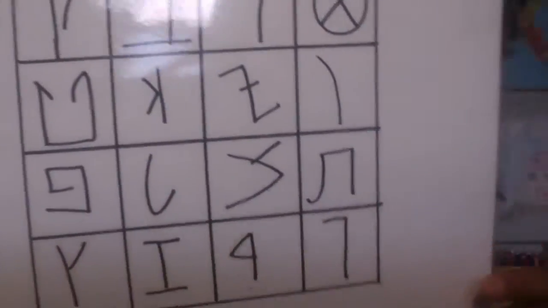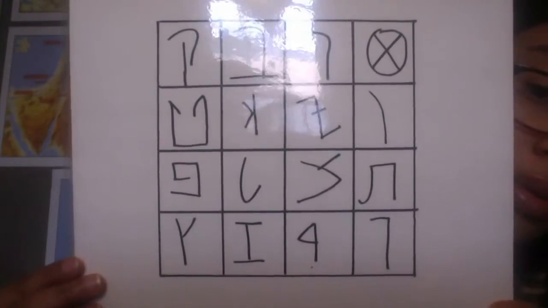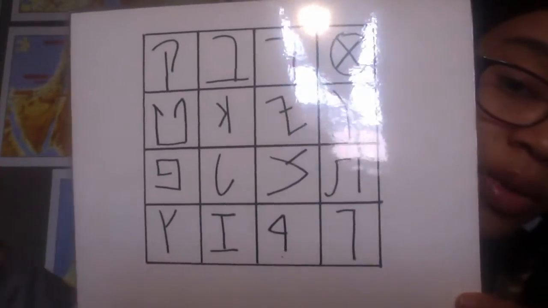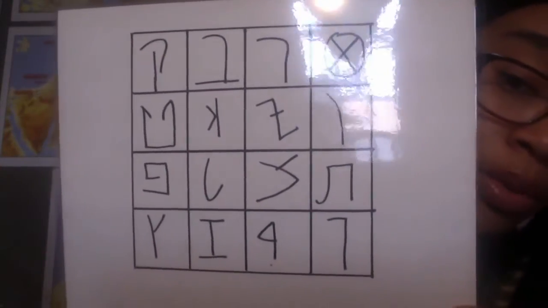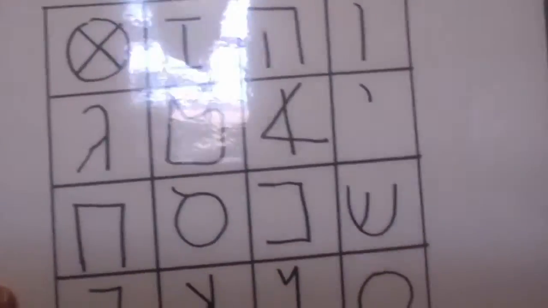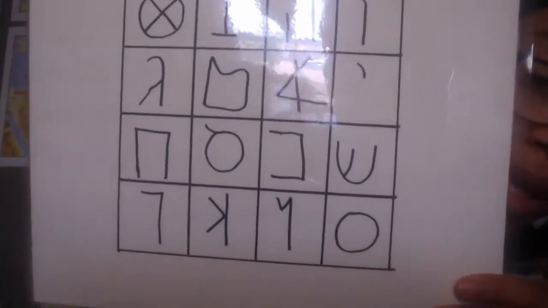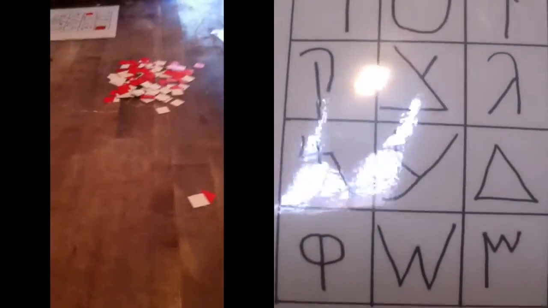But anyway, something else that we're doing is, this is a bingo that I made with Paleo and modern Hebrew letters on them. So I just made several of these for each child, and I made a bunch of these little things.